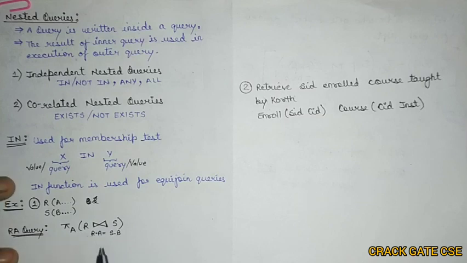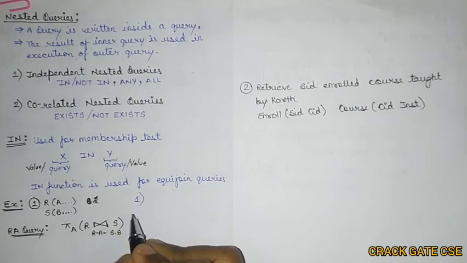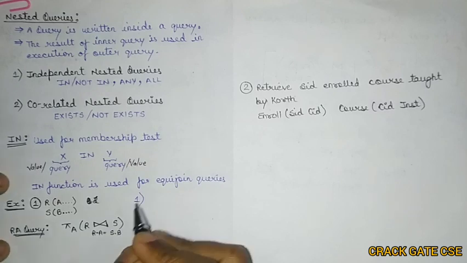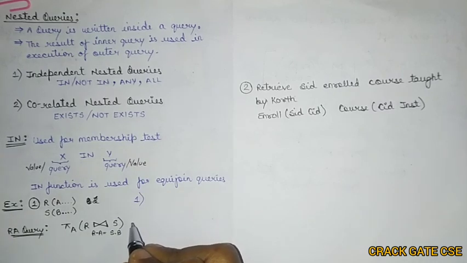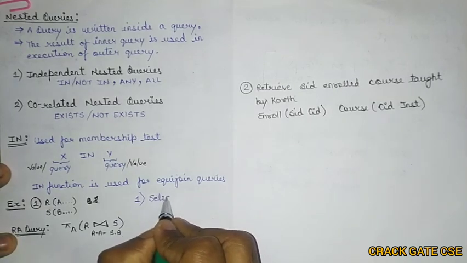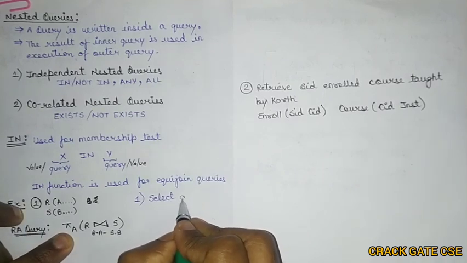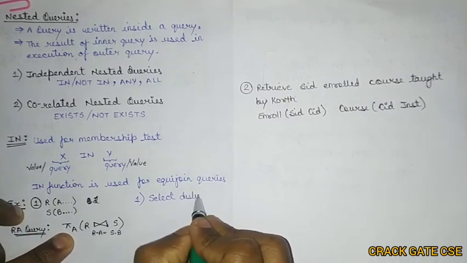So how can we write it? First of all, what will be the simple query? If I want to just convert it into the SQL query, how can I write it? We know that relational algebra always gives distinct values. So we have to select distinct A, because relational algebra gives distinct values.